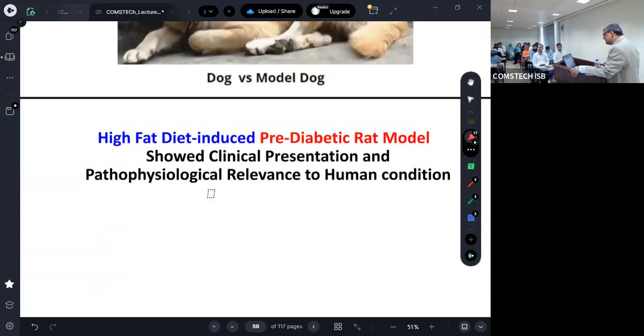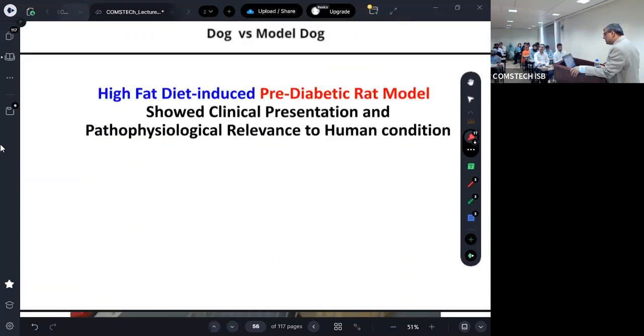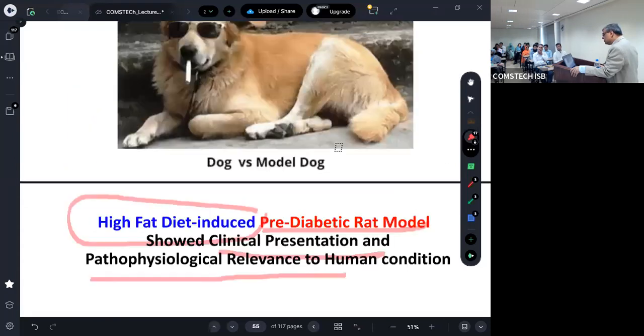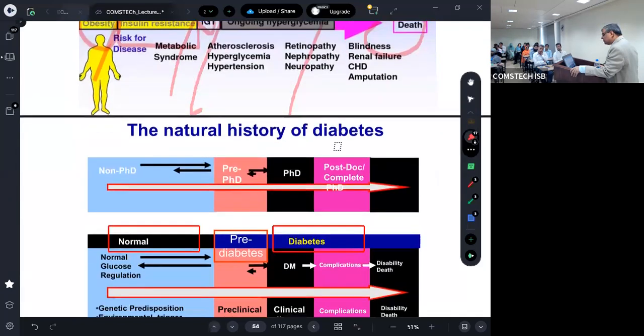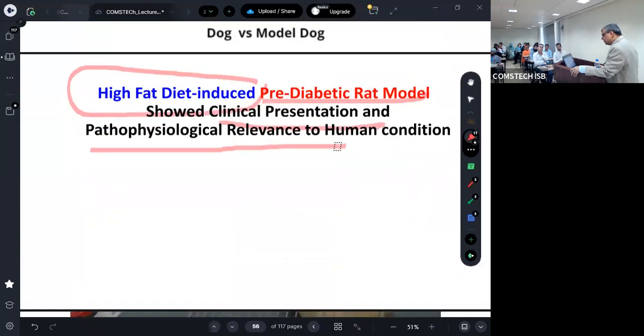What we did: we made a high-fat diet-induced pre-diabetes rat model that showed clinical presentation and pathological relevance to the human condition. So the human condition is obesity, insulin resistance, IGT, then diabetes. We take this into consideration: how to make them obese.